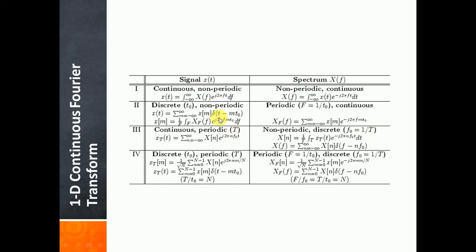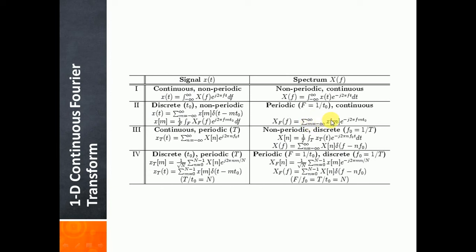For discrete, non-periodic, and discrete periodic, we use a discrete Fourier transform. You can see here, because it's a discrete signal, the integration is replaced by a summation, because the signal does not occur throughout the whole time frame. It only occurs at discrete instances.